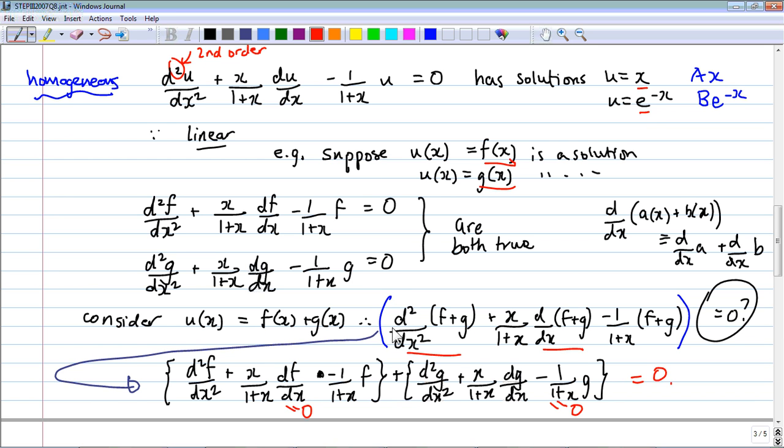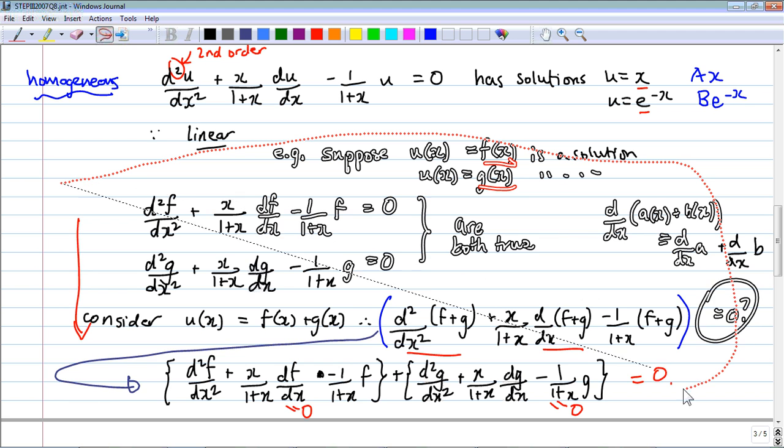So what I'm doing with this long calculation is proving that if I take any linear combination of these two, such as 3x minus 4e to the minus x, or minus 7x plus e to the minus x, any linear combination of these two will also be a solution by this kind of argument. Okay, so let's get rid of all this because it was only theoretical.